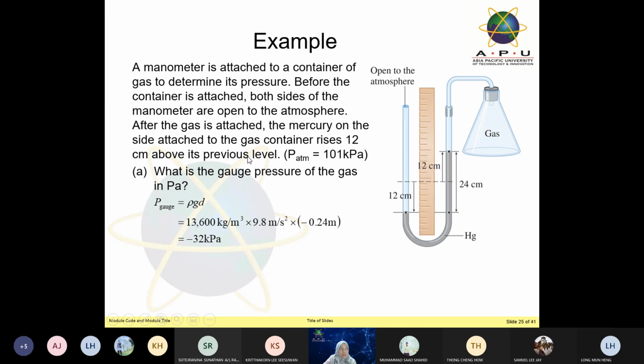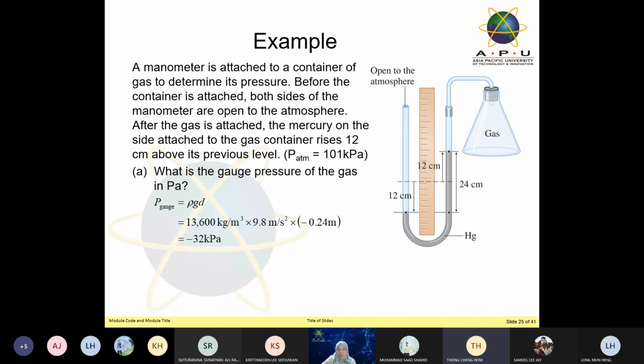It should be stated here what the previous level is, but here it doesn't mention the previous level. So you are also not sure whether to add the previous 12 or not. So miss, if they say change in pressure only, we use 12, and if they just ask pressure, we use 24. Is it like this? Yes.